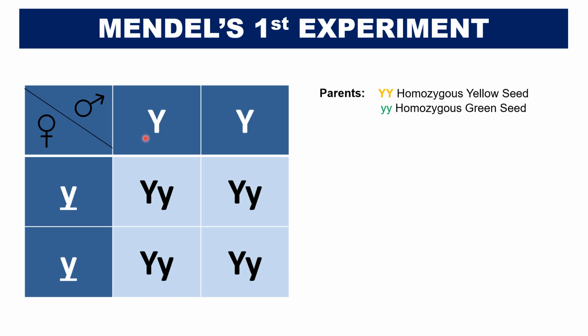To plot the possible offspring, we write down on the middle box the combination of the alleles. So we have one big Y and one small y forming a heterozygous allele, and then you do the same for the rest.